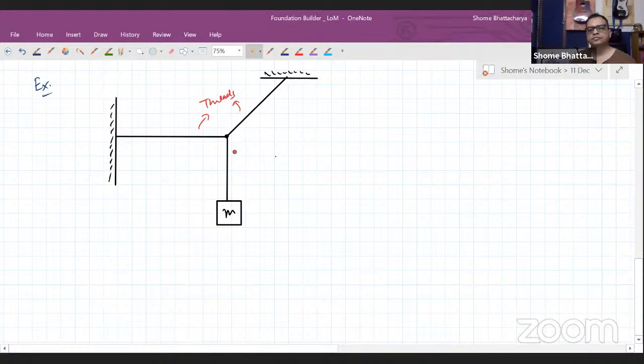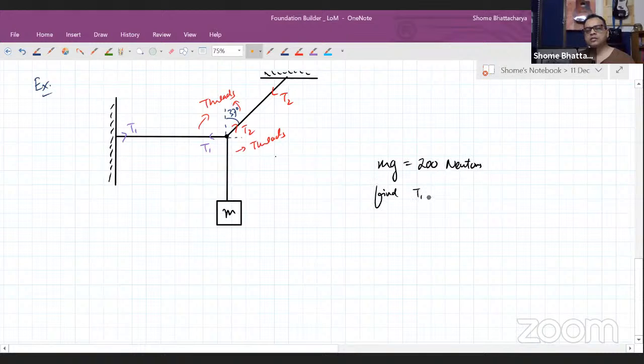So if the tensions in these threads are T1 and T2, given that this angle is 37 degrees, and mg is 200 newtons, the weight of that block is 200 newtons, find T1 and T2.